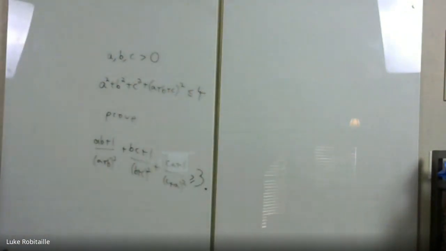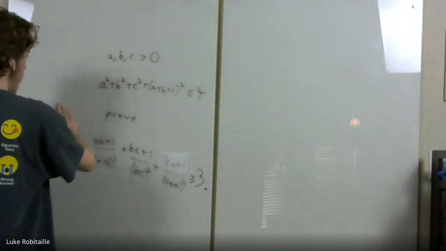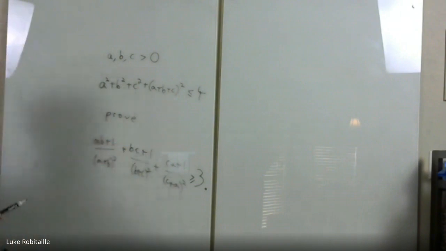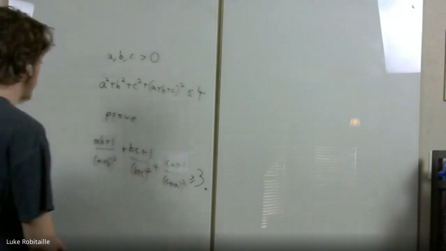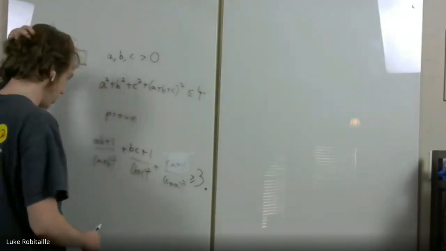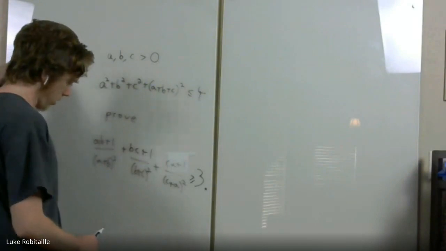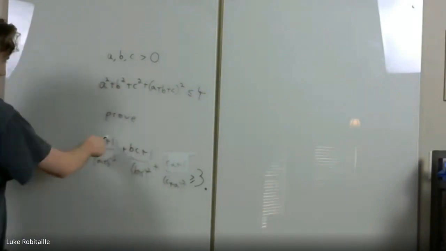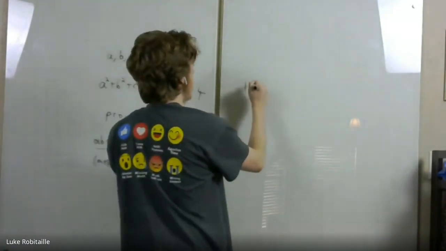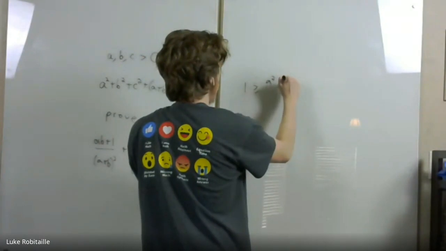So first of all, let's have a look. You have this weird combination of a quadratic term and a constant term. If we don't want this constant term there, we can just replace it, since we know 1 is greater than or equal to this thing.